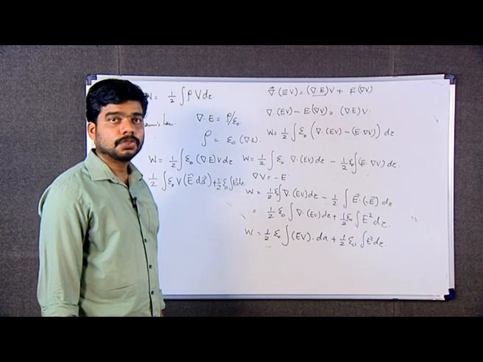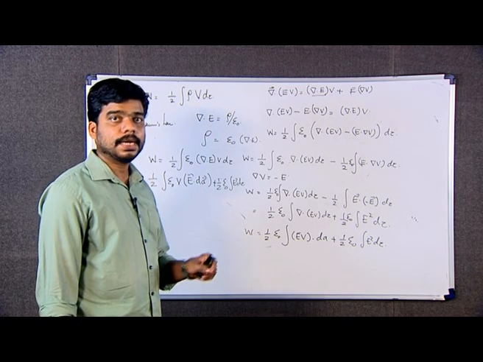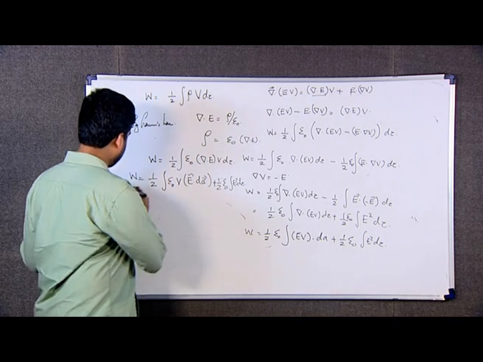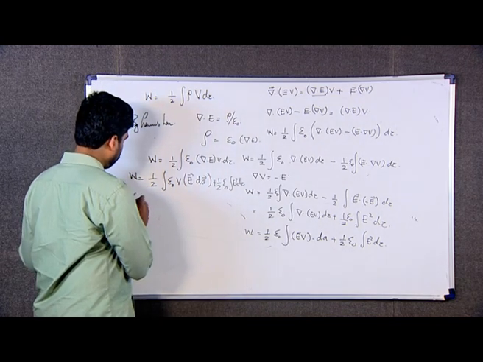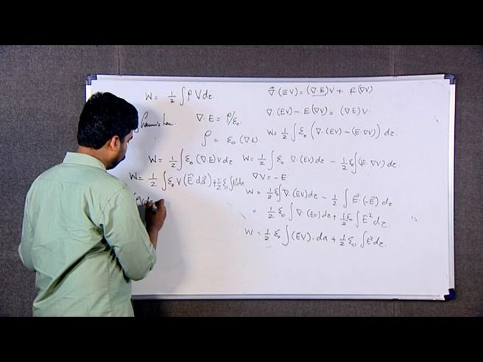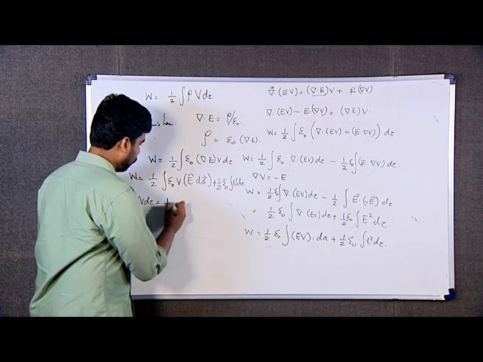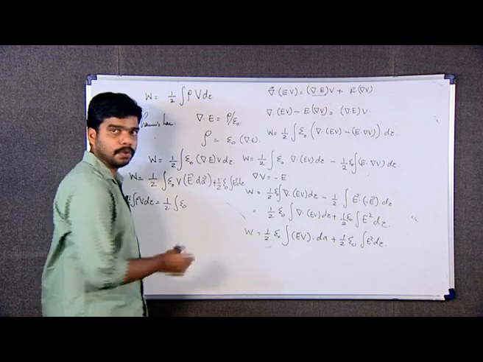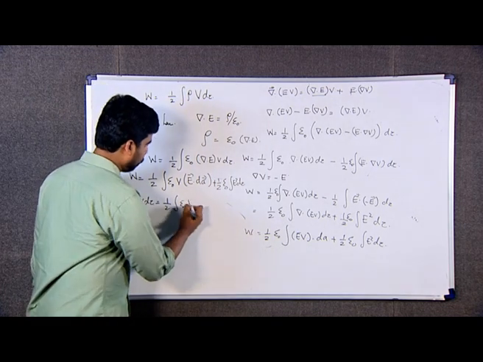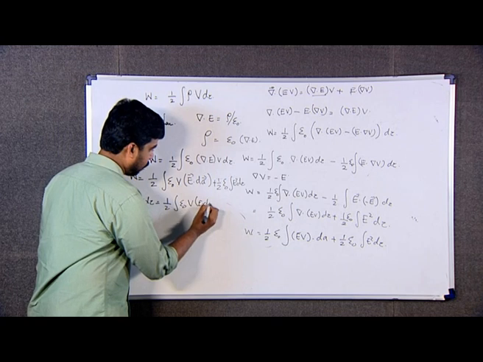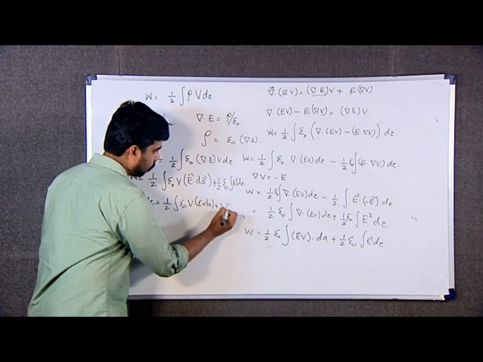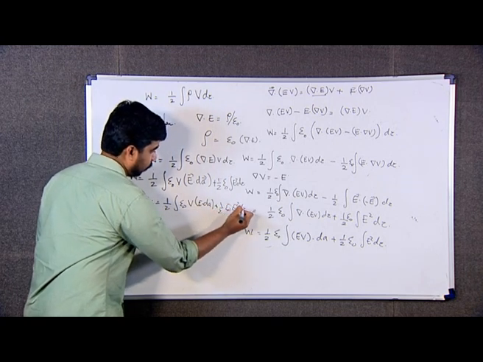So the total work done, half integral rho V d tau, is equal to half integral epsilon 0 V E dot dA plus half epsilon 0 E square d tau.